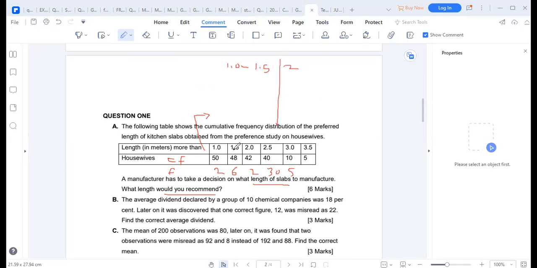The next one will be 1.5. Mr. Collins, yes? Sorry to stop you. Is it okay to also say we subtract, let's say, 0.5 to 1, then 1.0 to 1.5? Is that also okay?